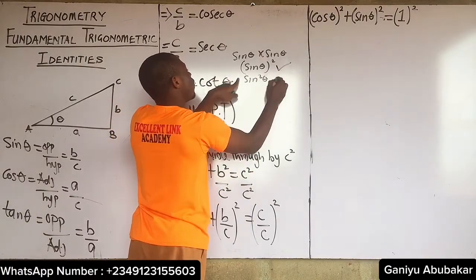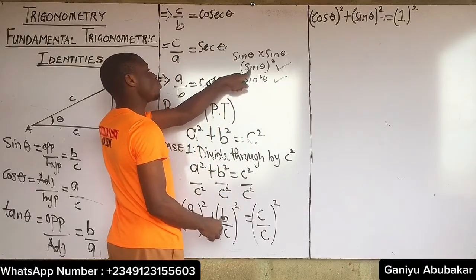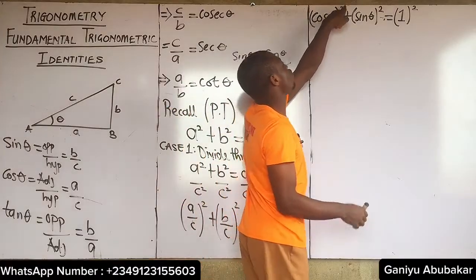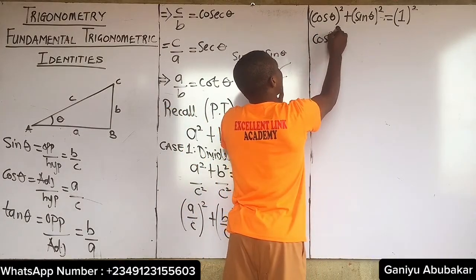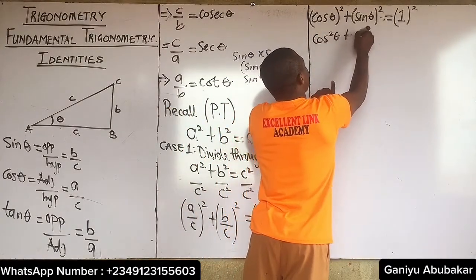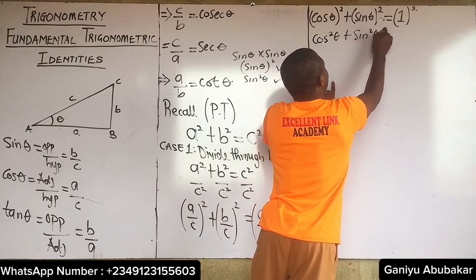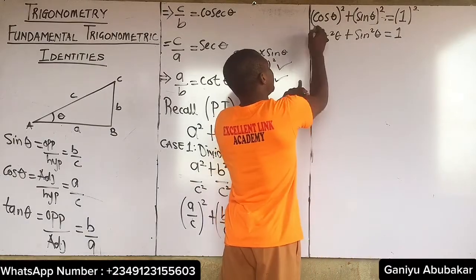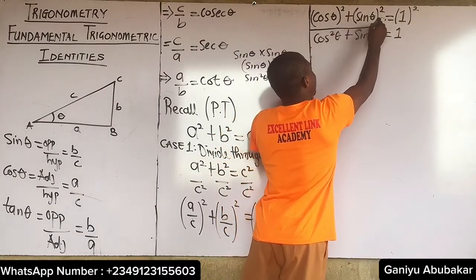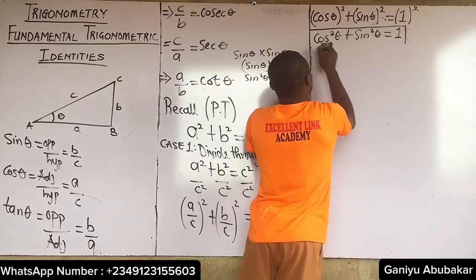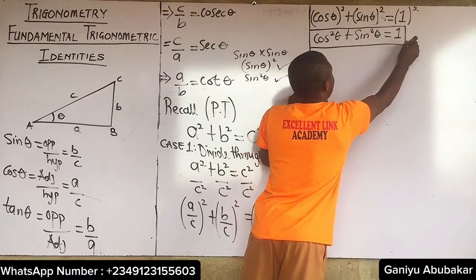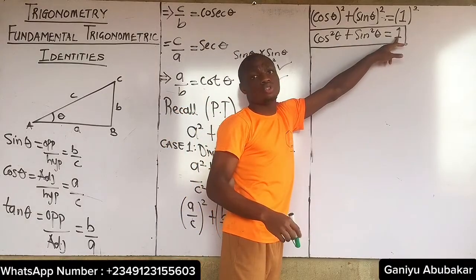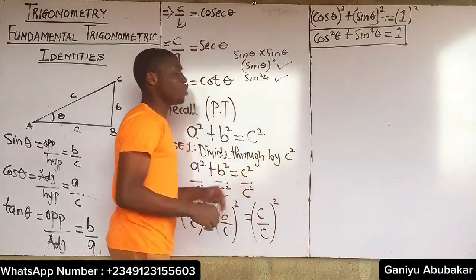So sine theta squared means sine square theta, so cos theta squared means cos square theta. Plus sine square theta, and 1 squared will give 1. So this becomes the first mathematical expression for trigonometry identity, that cos square theta plus sine square theta is equal to 1.